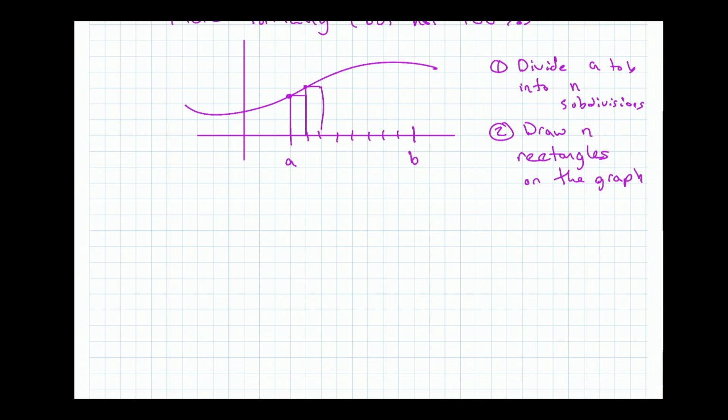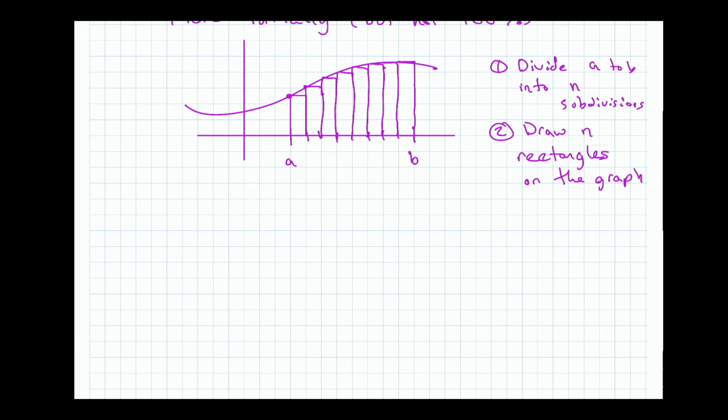I'm not going to be able to do this super pretty because I drew way too many rectangles to make this a time-efficient process. Actually, I want that one not there.